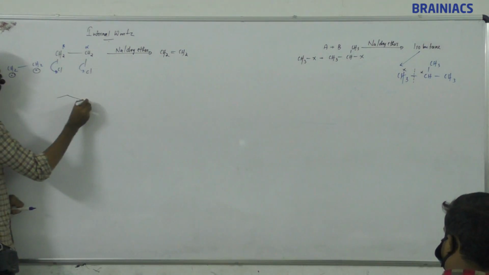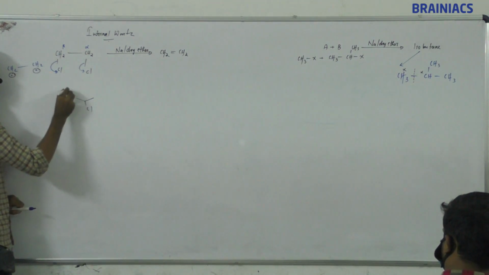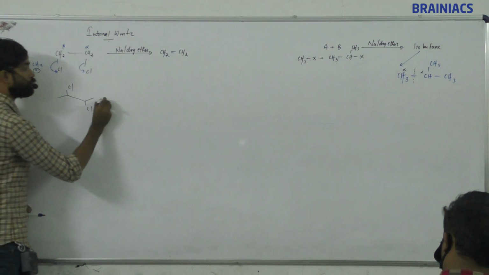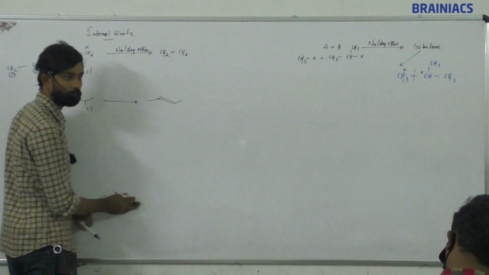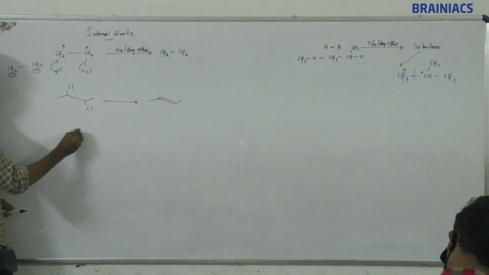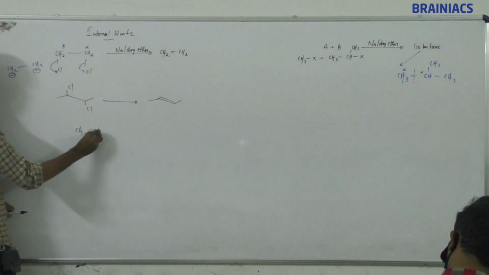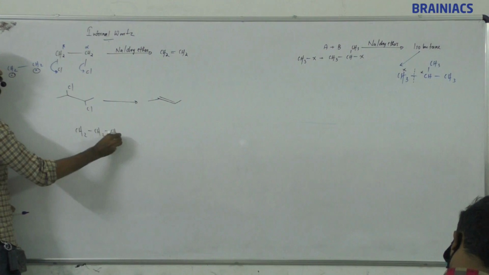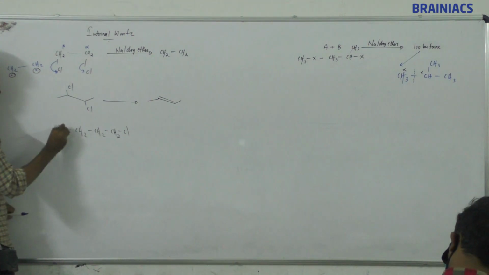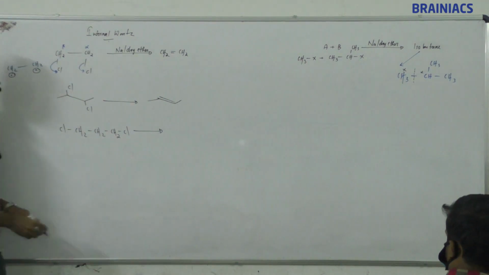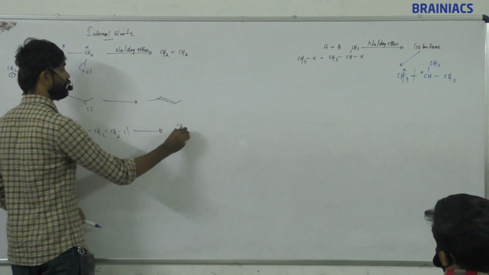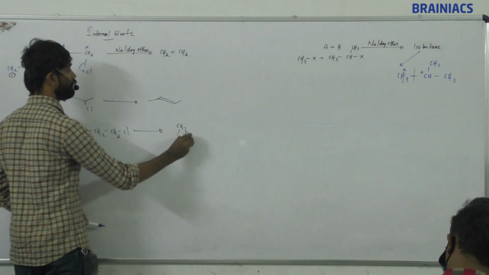If you have alpha-beta halogens on Wurtz reaction, what do you obtain? Alkene. Okay, listen, if you have terminal halogens, they become cycloalkane.